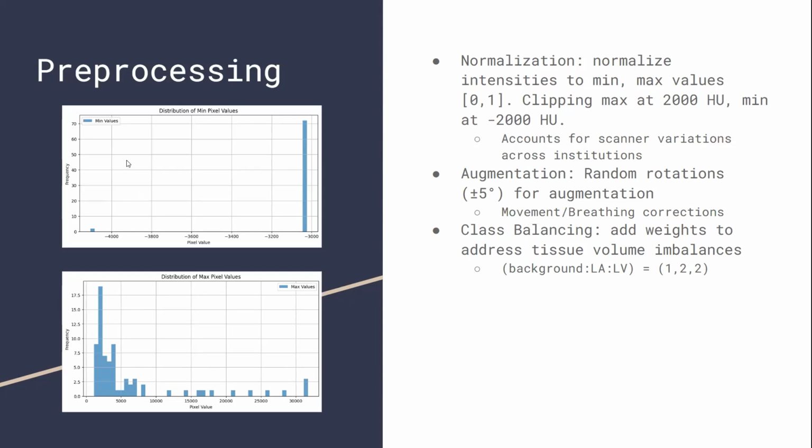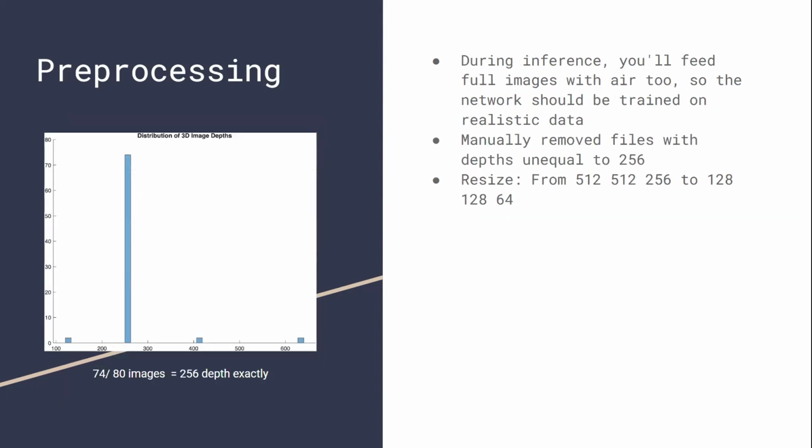Can I ask a quick question about that? Can you define what depth is? I'm not sure I understand. Depth is the z-axis of our images. Oh, number of slices? Yes. I see. And so you basically unified everything such that it went into this 128, 128, 64 over the whole original field of view? Yeah.